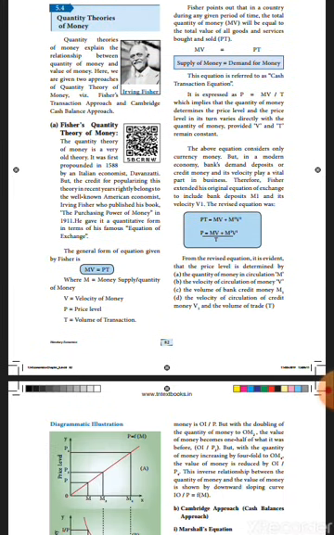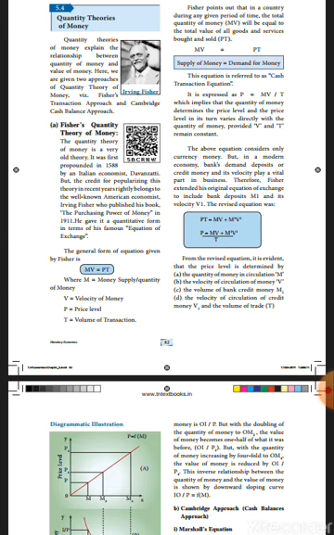The revised equation is PT = MV + M1V1. We can write it as P = (MV + M1V1)/T.